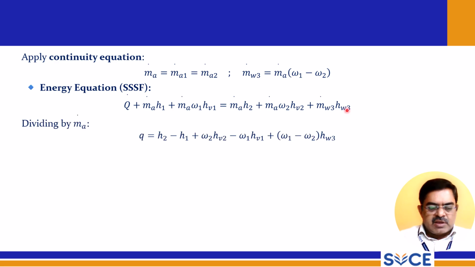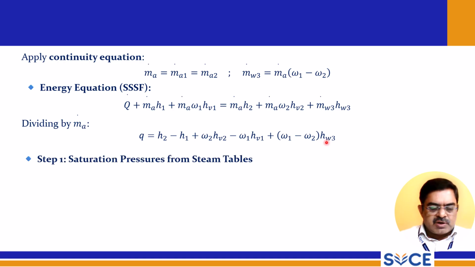Dividing by m_a, we get Q equals h2 minus h1 plus omega 2 h_v2 minus omega 1 h_v1 plus (omega 1 minus omega 2) multiplied by h_w3.